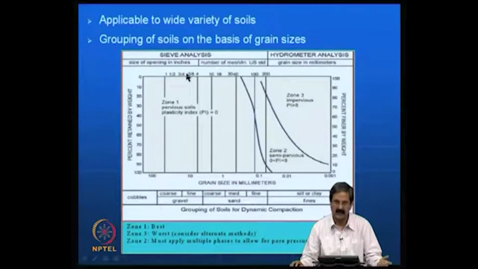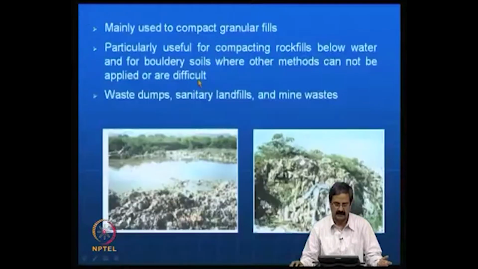So, essentially one can improve many types of soils using dynamic compaction, but people generally use it to compact granular fills, and it is very useful for compacting rock fills below water table, and for boundary soils where other methods cannot be applied or are very difficult.